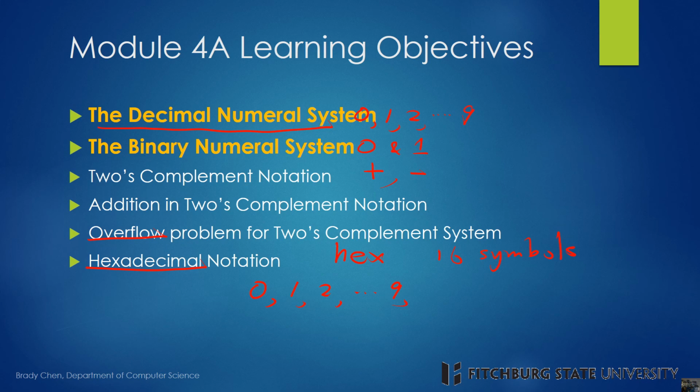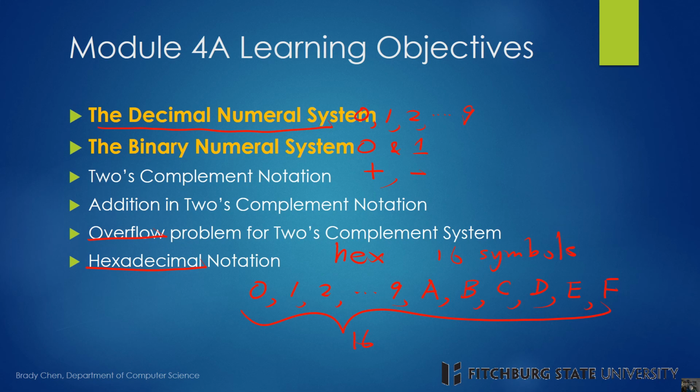Then, for number 10, we will use A, B for 11, C for 12, D for 13, E for 14, and F for 15. So that's a total of 16 symbols. And that's the hexadecimal notation.